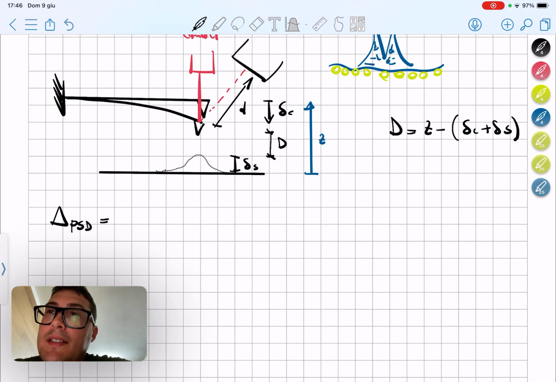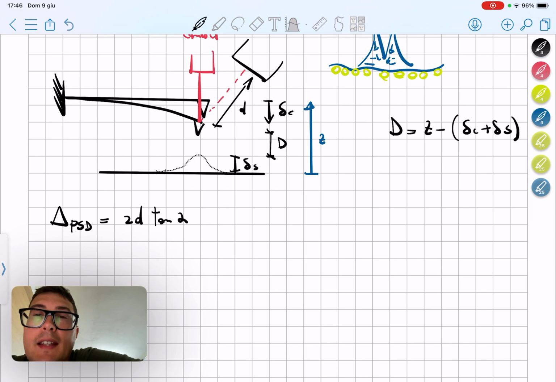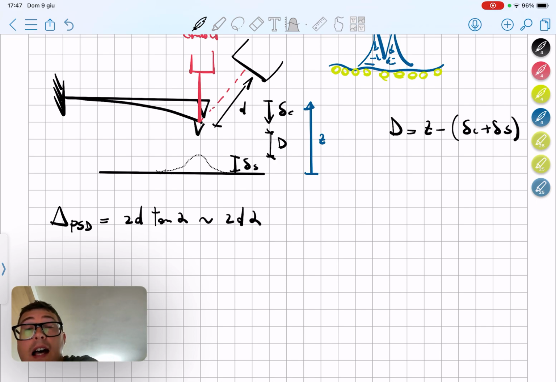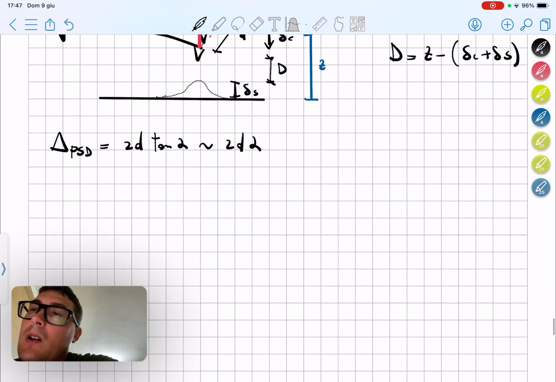We need to imagine that there is some alpha angle, and 2d tangent of this alpha angle is effectively the distance measured by this delta PSD. But if the angle is small, this is 2d alpha. And this alpha we actually calculated in the last video.